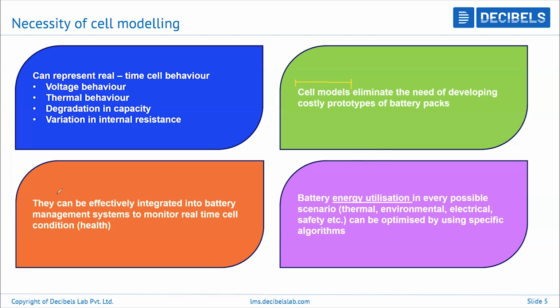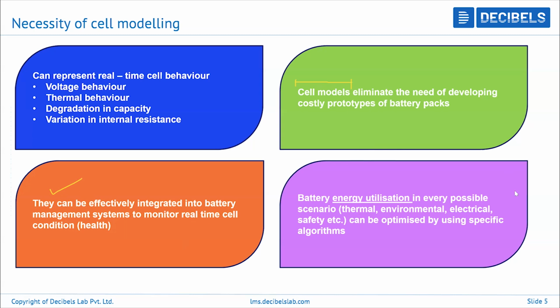Then you can utilize them in more advanced scenarios by integrating them into battery management systems. So to monitor the cell's condition. So not only health, but also temperature, energy, how much power, number of cycles, in terms of cell balancing as well. All these things can be very effectively modeled utilizing a cell model, right?